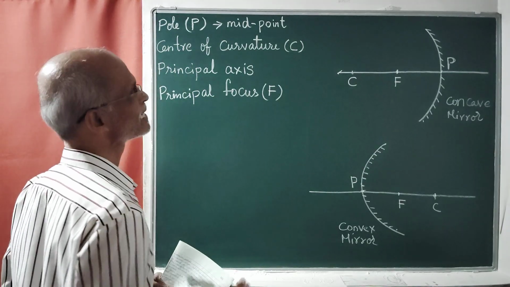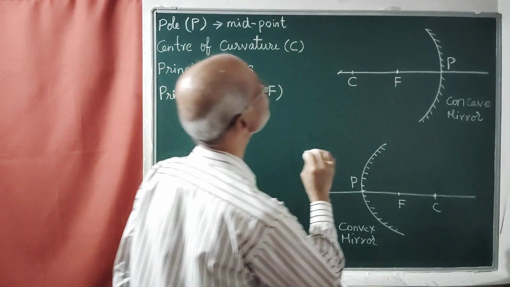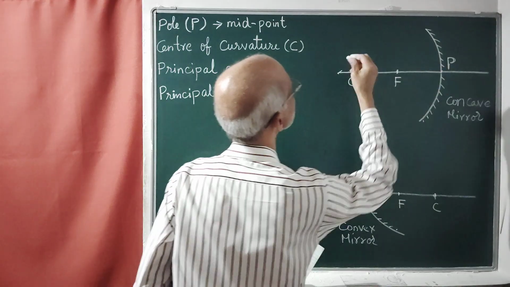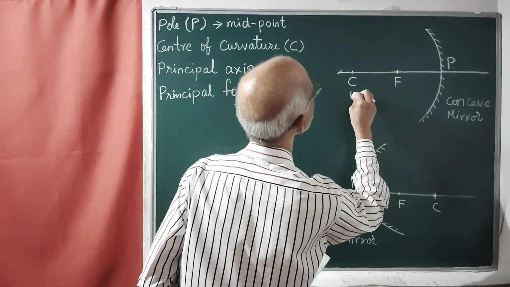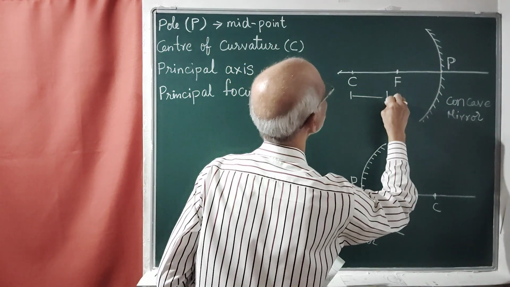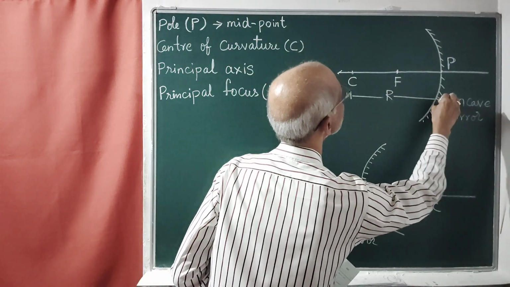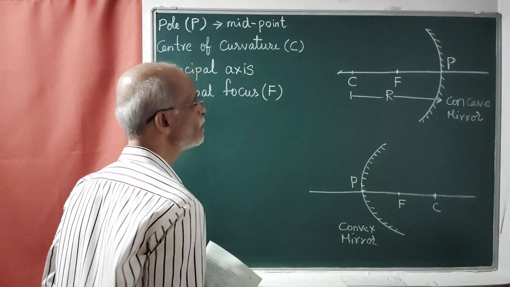Now this distance from P to C is called the radius of curvature.